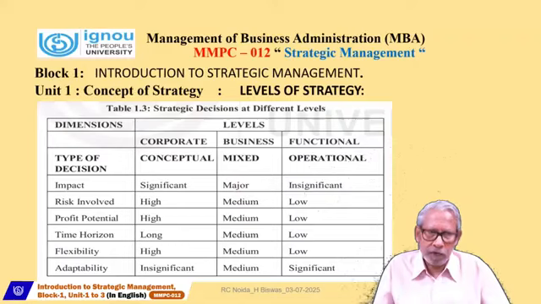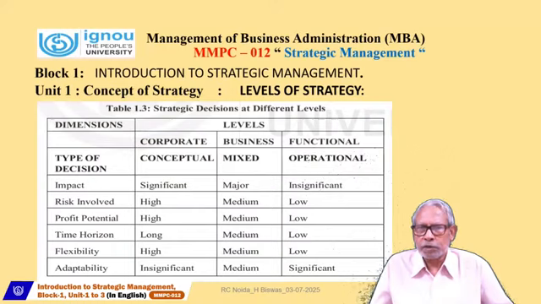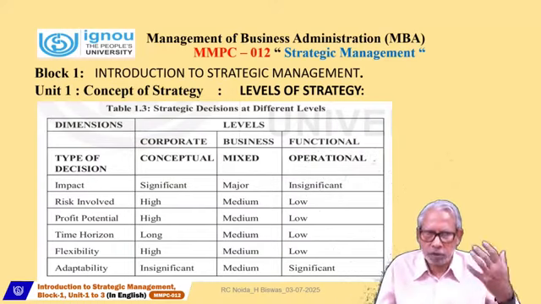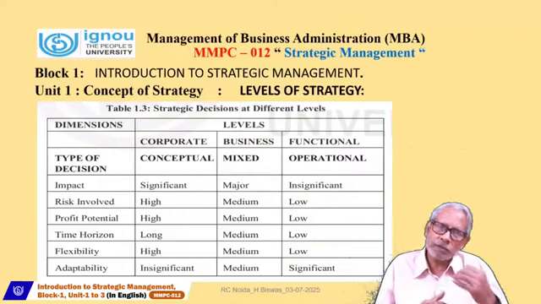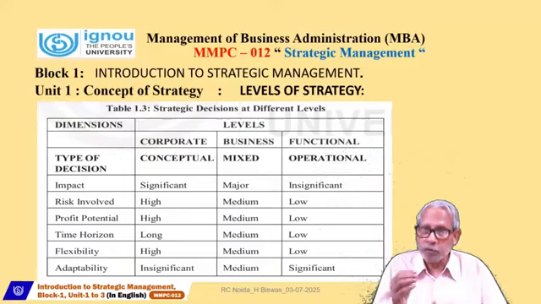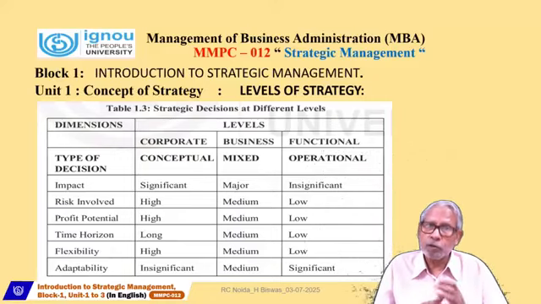But at the other levels it may not be significant, because at the functional level, those in the working levels, in operations, it is not significant for them. At the corporate level, where the top management takes decisions, this is more vital and important. That's why conceptual idea is required more.